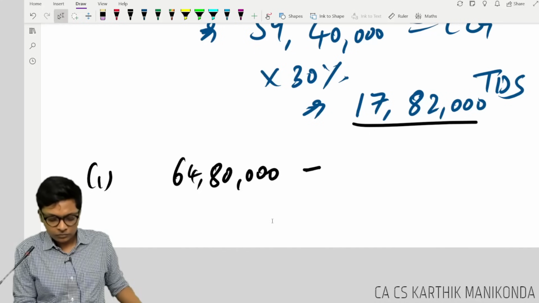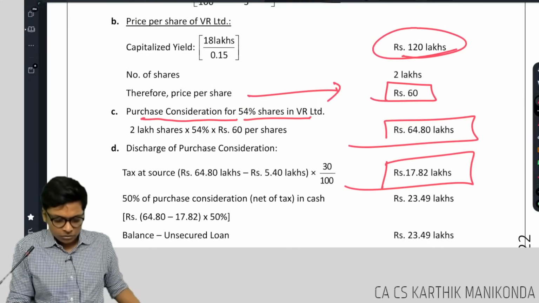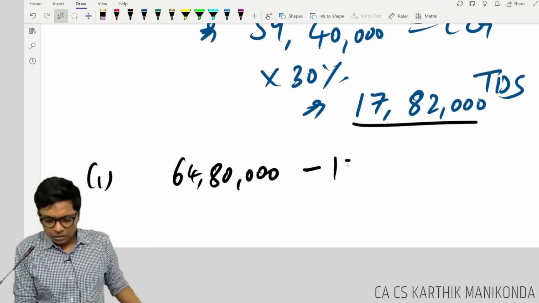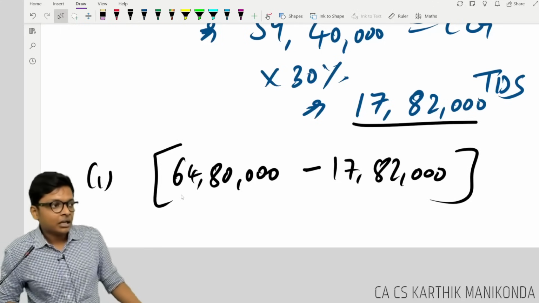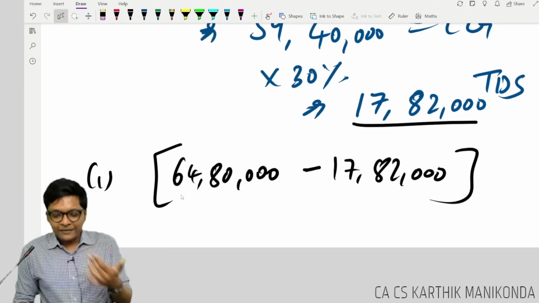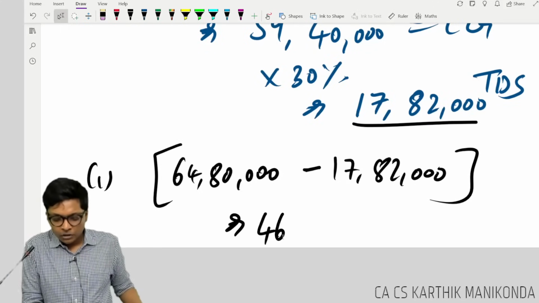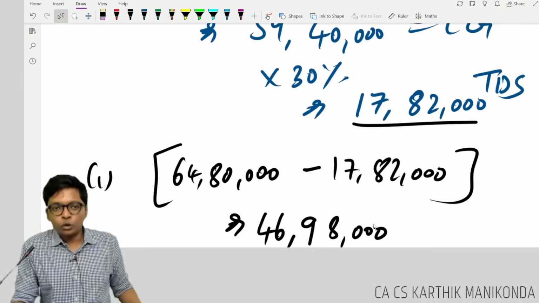How much? 17 lakh, correct, 82,000, which is my TDS which I will pay to the government. So what is the balance I have to pay, guys? 46 lakh 90.